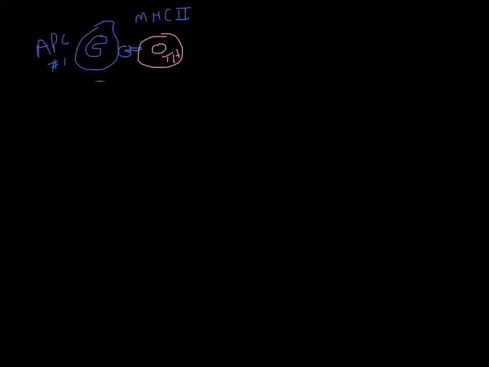So really what has to happen is they've got to then recognize a second APC, number 2, all right? And again, there will be a piece of that antigen displayed in an MHC2 site.